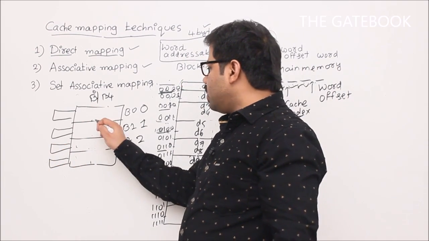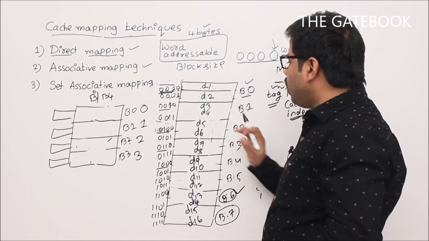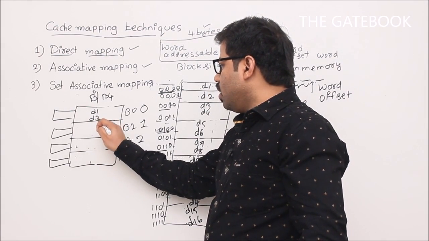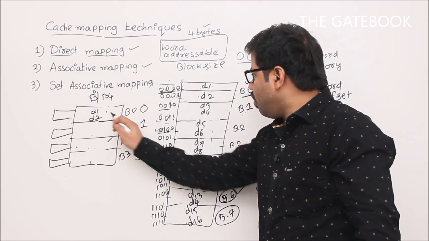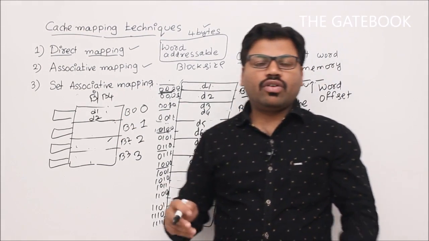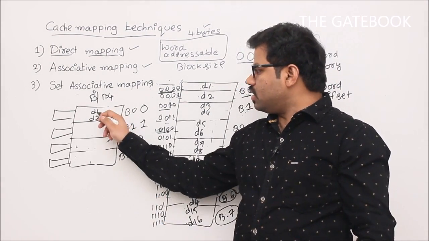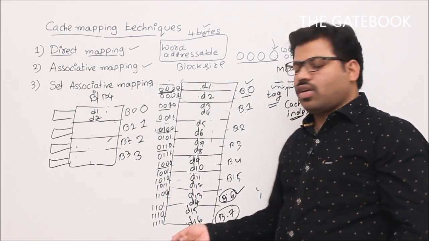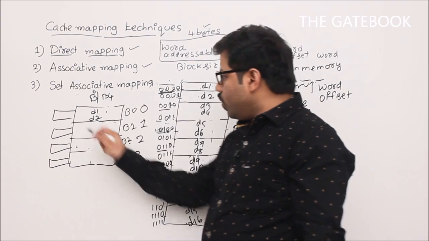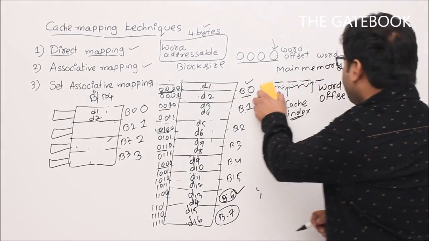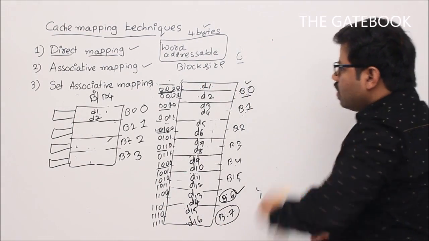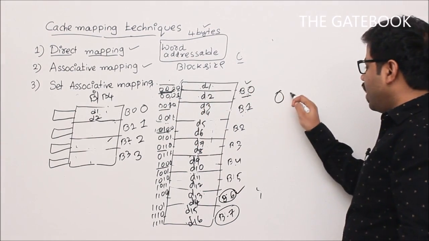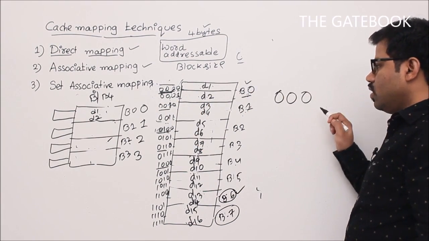Let's say currently you store D1, D2 here. You know that D1, D2 are part of block number 0, but your processor doesn't know. This is data. By seeing the data, can you say which block it belongs to? No. So what do we do? For D1, D2, what are the binary patterns, the memory addresses? 0 0 0 0, 0 0 0 1.